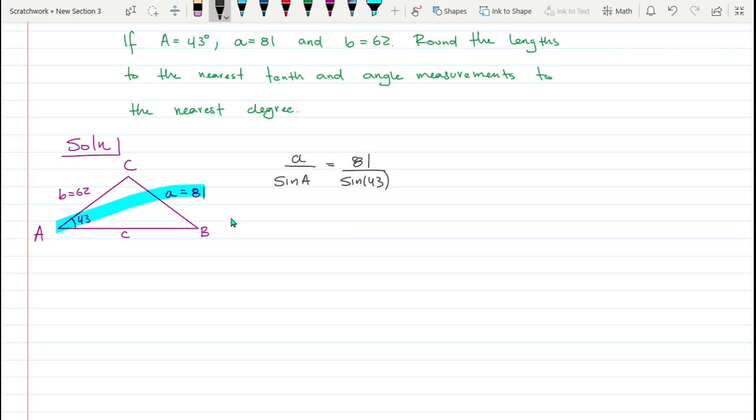And that's what we're going to use to come up with everything else. Okay? So let's get it. We have B to be given as 62 and then sine of B.